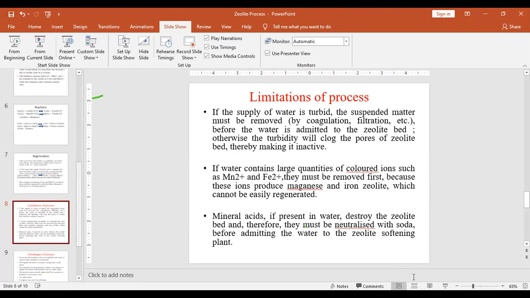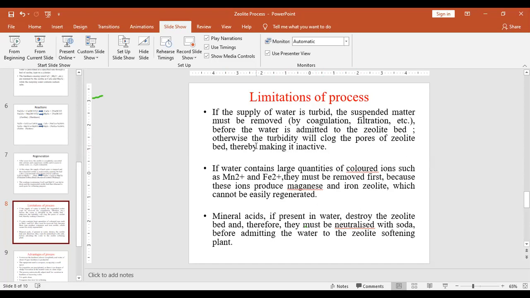Otherwise, the zeolites will get clogged with the turbid particles instead of the calcium and magnesium. म्हणजे dissolved method वापरतोय and instead of that clogged with this zeolite. So hence the turbidity must be removed before application of water to this zeolite process.